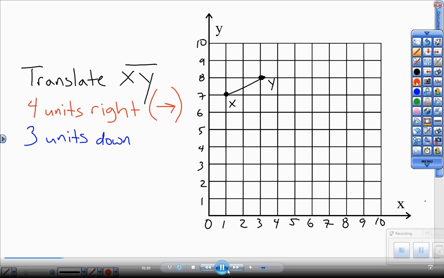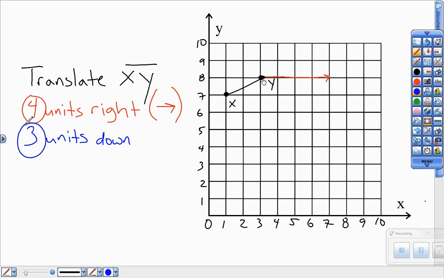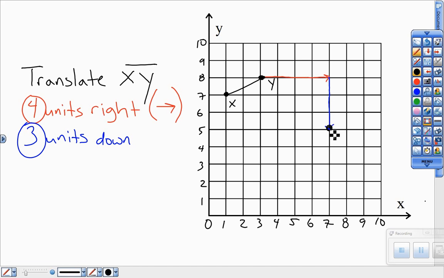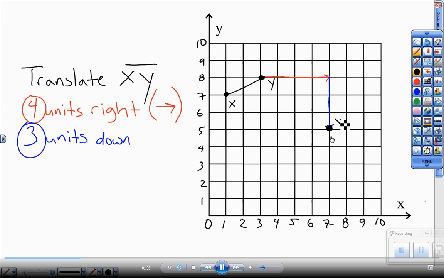The first word is green. Green. So for this one, I want you to take the point x and y for this line segment and move it 4 boxes to the right, and then from there 3 units down. So I'm taking that y point, moving 4 to the right, and then 3 boxes down, and where I stop, that's going to be the new point for y, or y prime.